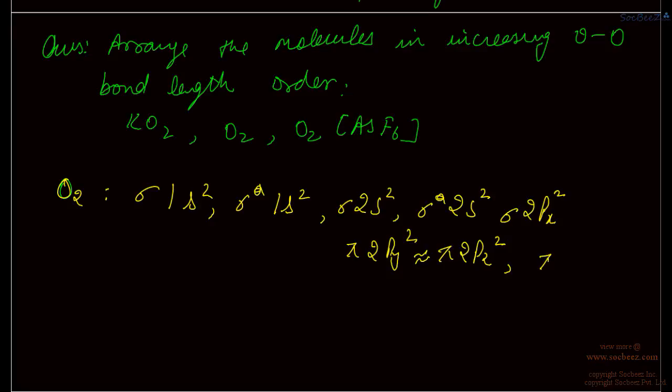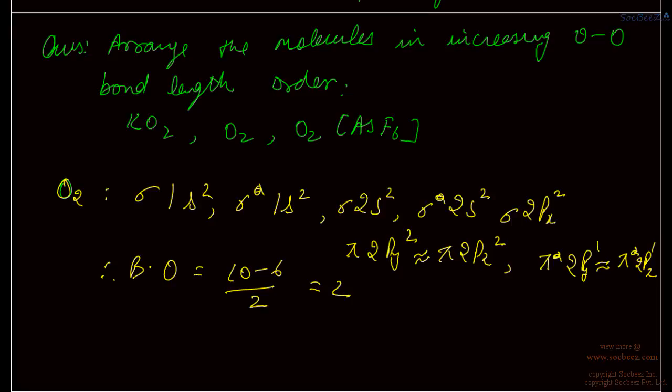Their energy is almost similar, and then there was pi star 2py1 and then pi star 2pz1. This is how O2 gets filled. Therefore bond order is 10 minus 6 upon 2 equals 2.